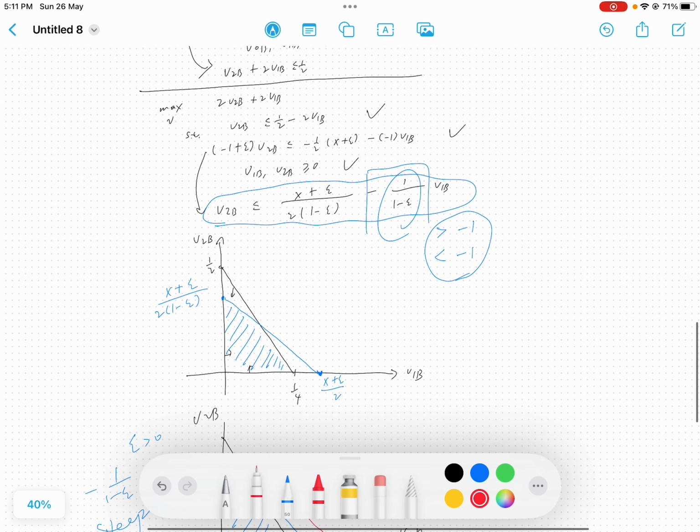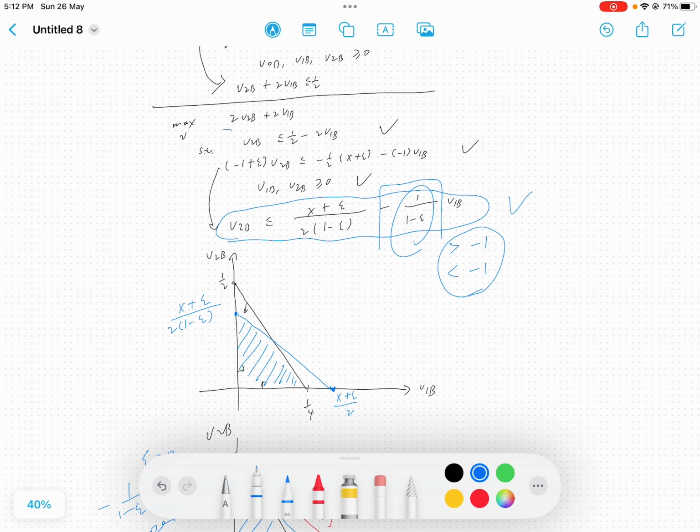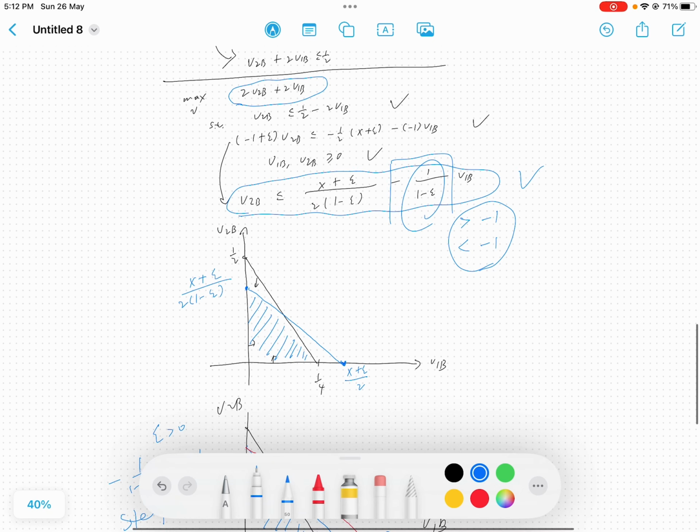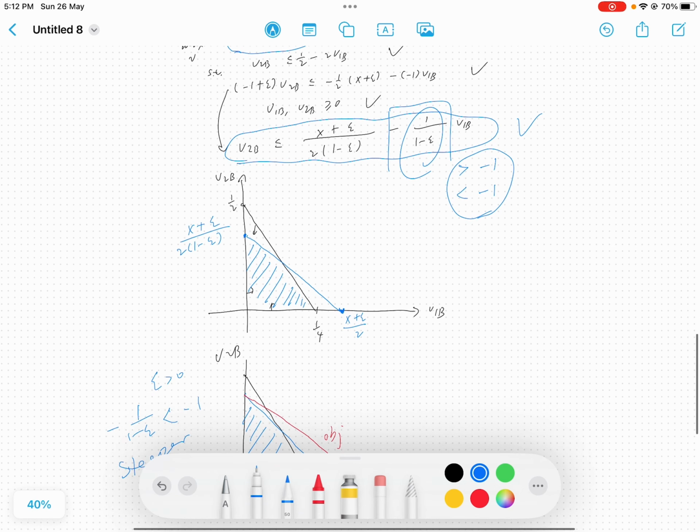Recall that we were discussing the slope of this constraint here, which has a negative slope of negative 1 over 1 minus epsilon. So actually we're comparing this number to minus 1, and the reason is that in our objective function we have this slope of minus 1, right?